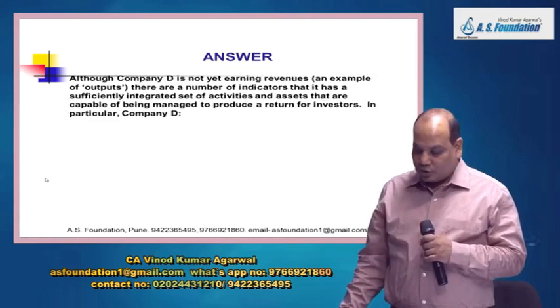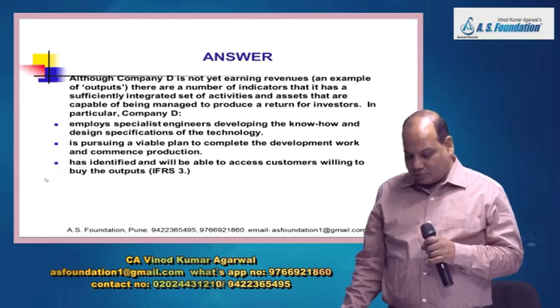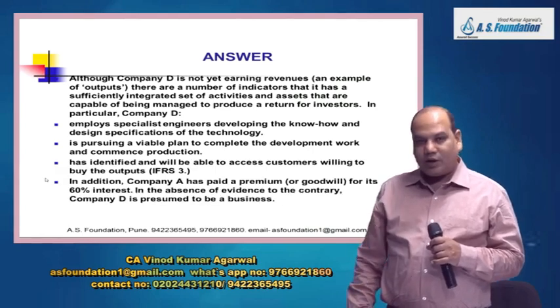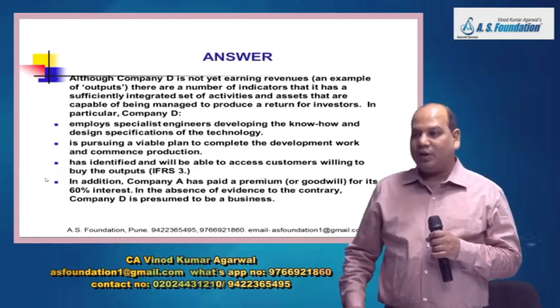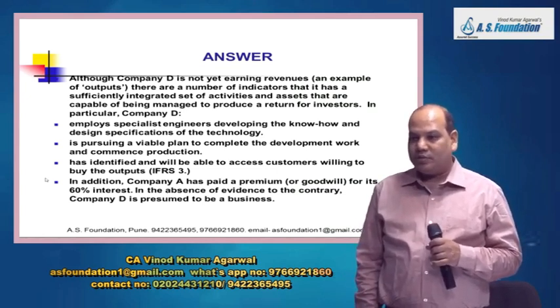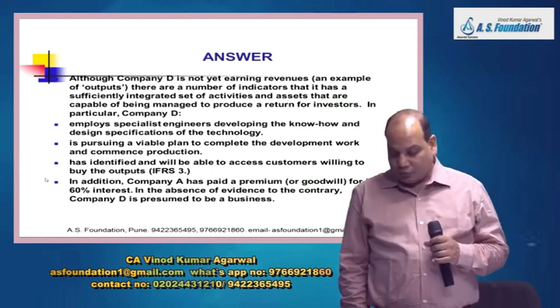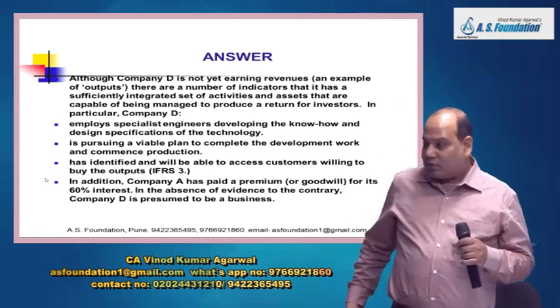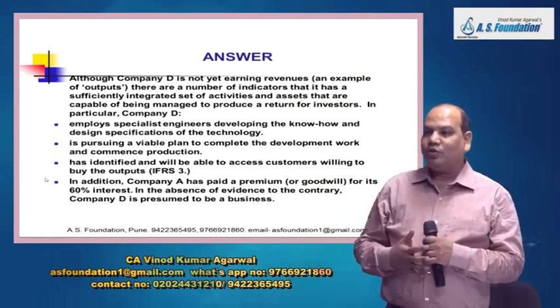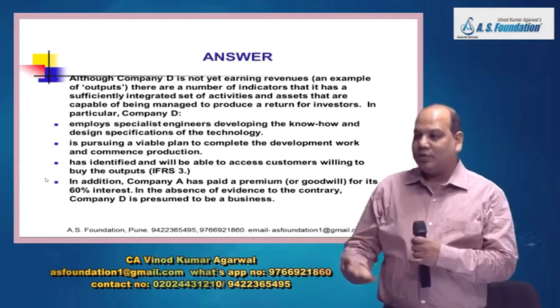Is it right? So one more way to identify in your question is, in case you find that there is a premium being paid, you don't pay premium for the asset, you pay premium for a business, because in business things have already been synchronized. You have to just now run it.